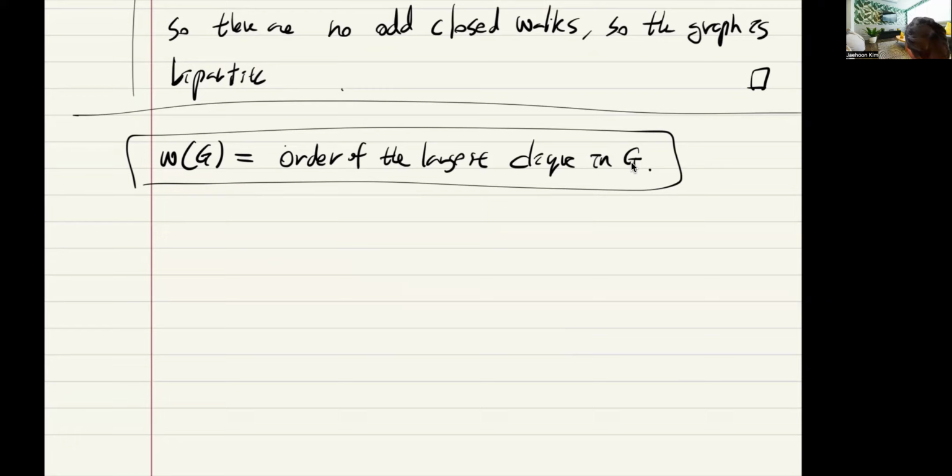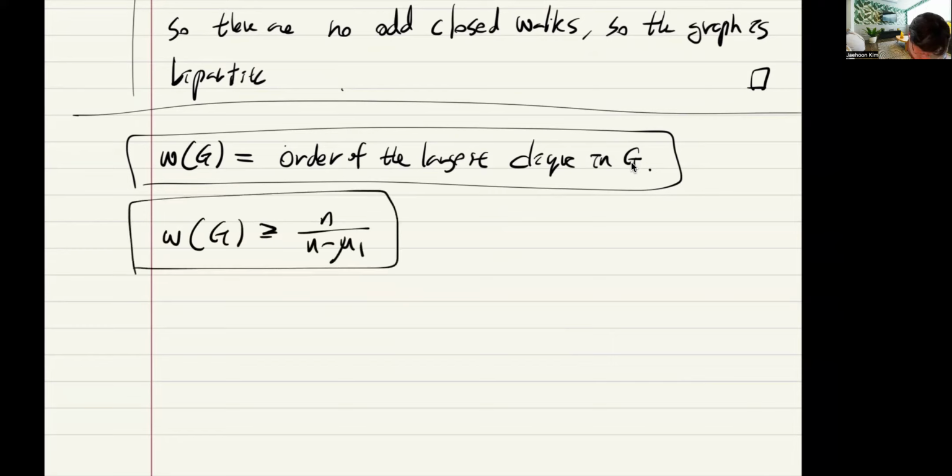What we want to show is that this is at least n over n minus u1. Later we show that this will imply Turán's theorem. So this is stronger than Turán's theorem.